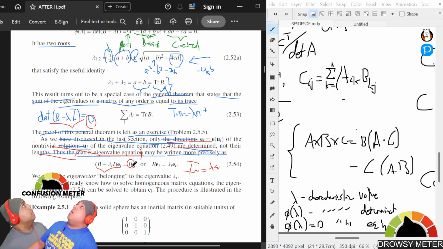So the i component of B minus... what is the i component? B is a matrix. What is the i component of a matrix? Does that even make sense?